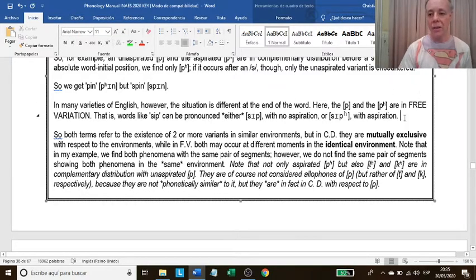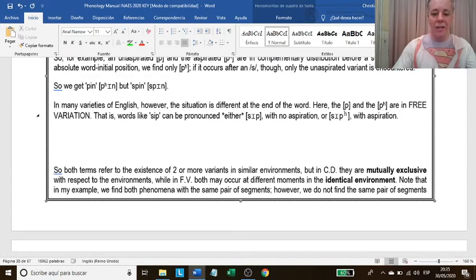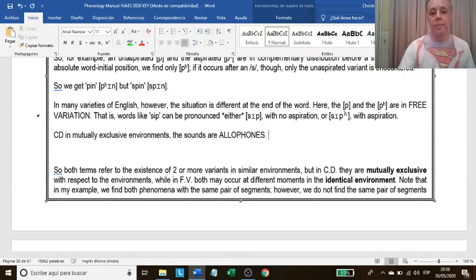It means that whenever I find complementary distribution in mutually exclusive environments, the sounds that we are studying are allophones. They are not phonemes, they are allophones, because complementary distribution occurs only with allophones, never with phonemes.